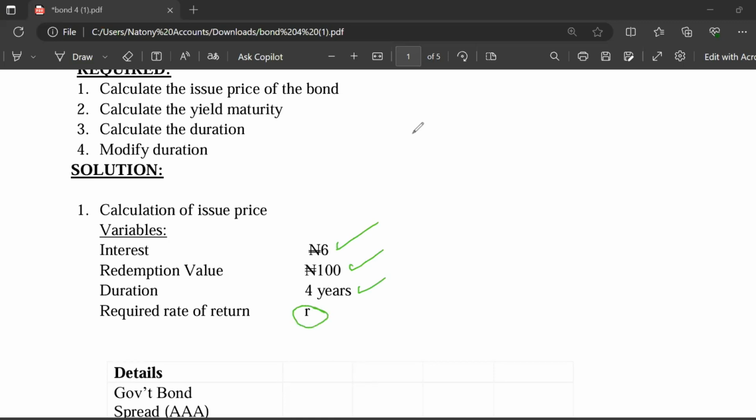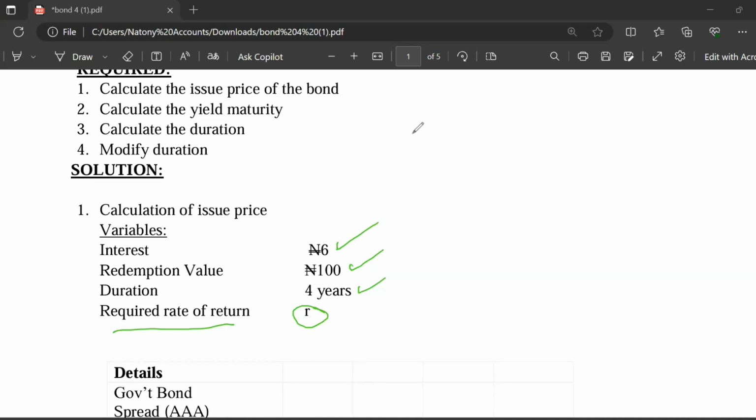We weren't given the IRR, but we're given the spot yield curve for each of the 4 years. The first year was given to be 3.0, the second year 3.5, the third year 4.2, and the final year 5.0. So how do we calculate the value of the bond?